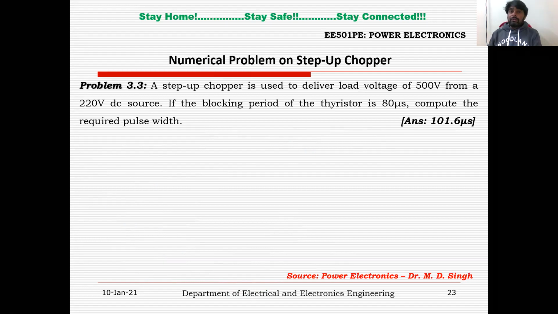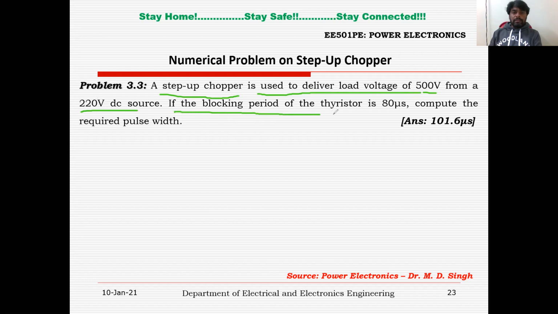Now we will solve one problem, right? So this is the problem you can see. A step up chopper used to deliver a load voltage of 500 volts from a 220 volts DC source, which means it is stepping up the voltage from 220 to 500 volts.